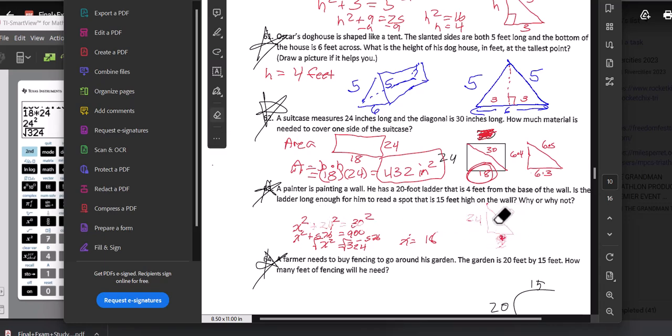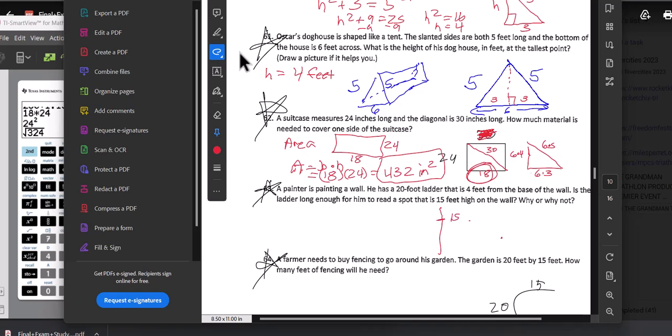A painter is painting a wall. He has a 20-foot ladder that is 4 feet from the base of the wall. Is the ladder long enough for him to reach a spot that is 15 feet high on the wall? Why or why not? Okay, so alright, so we have a wall.